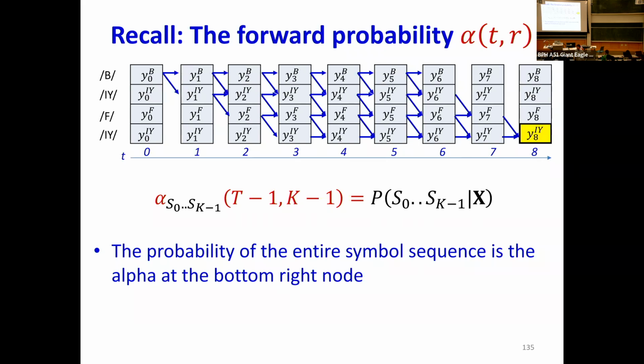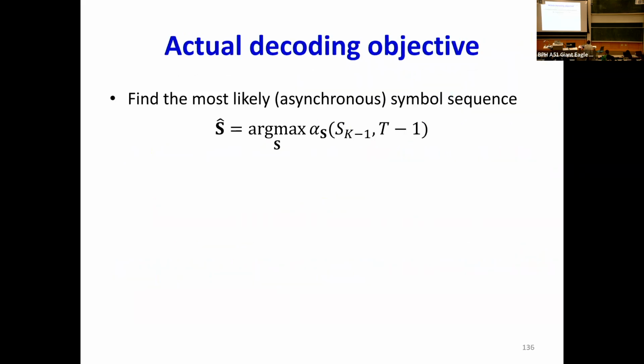And so if you want to perform inference and pick the symbol sequence that has the highest probability, you'd have to compute this bottom right alpha term for every possible symbol sequence and pick the one for which this alpha was highest. Is that going to be feasible? There's an exponential number of such sequences. So which one do you choose?